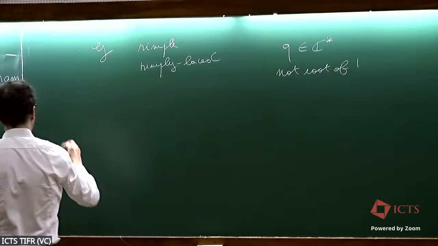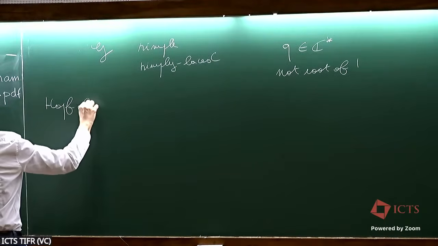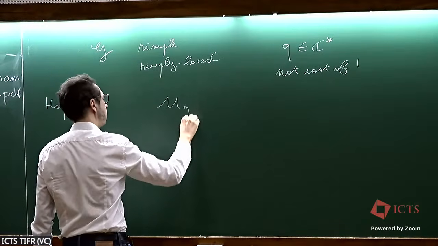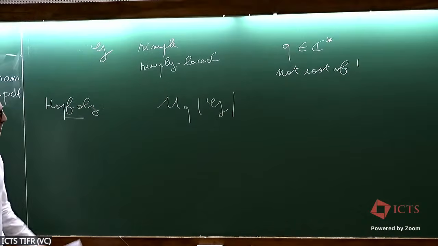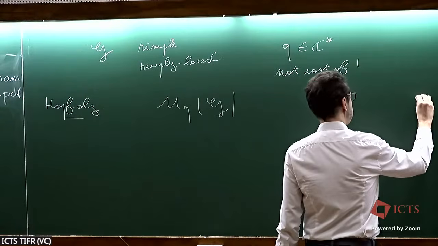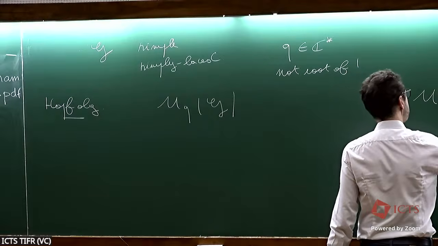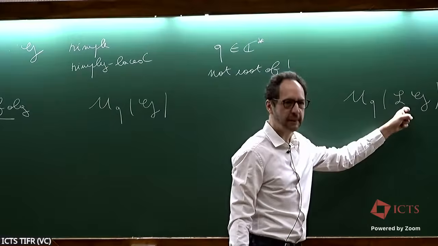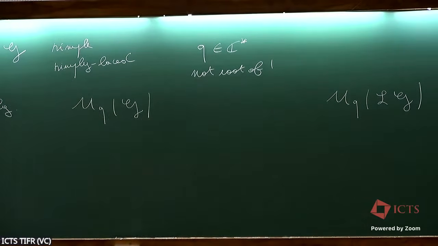So we have some algebras: U_q(G), the q-deformation of the universal enveloping algebra of G, and then U_q(LG), associated to the loop algebra, which is now an infinite dimensional Lie algebra.